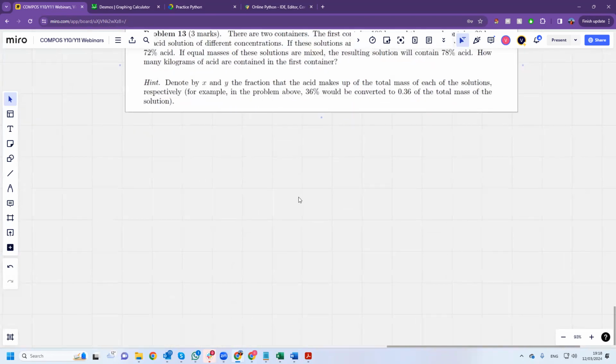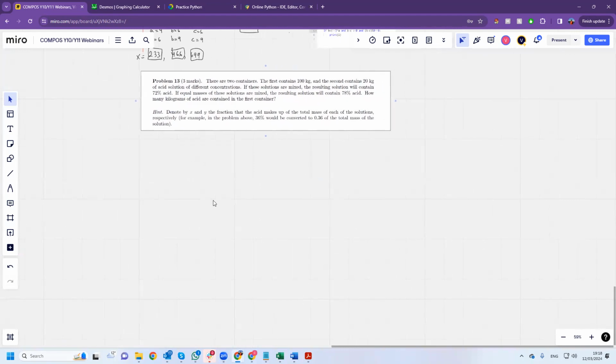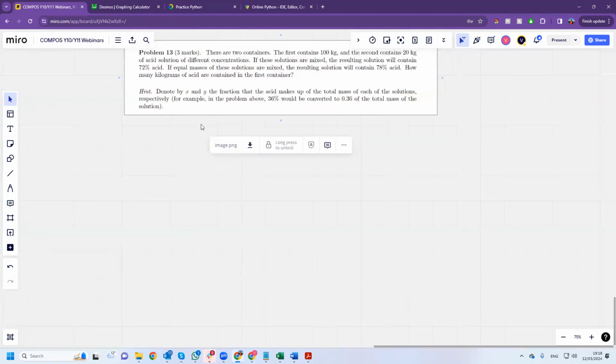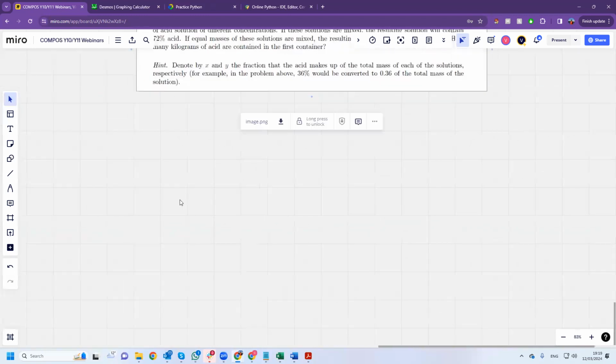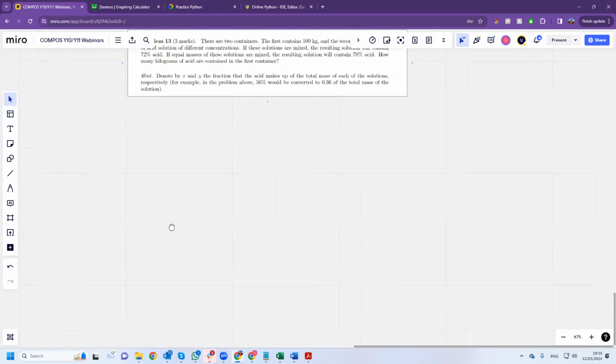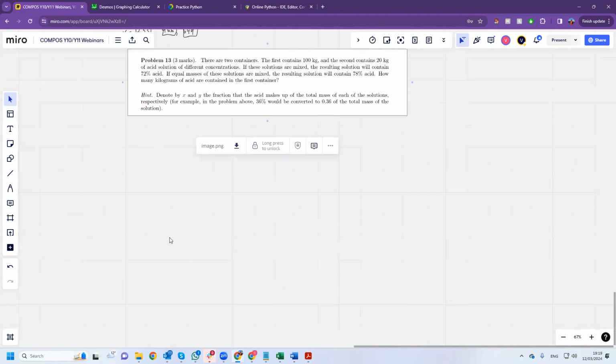Okay. Well, you need to understand that this solution always contains the solvent and the dissolved stuff.